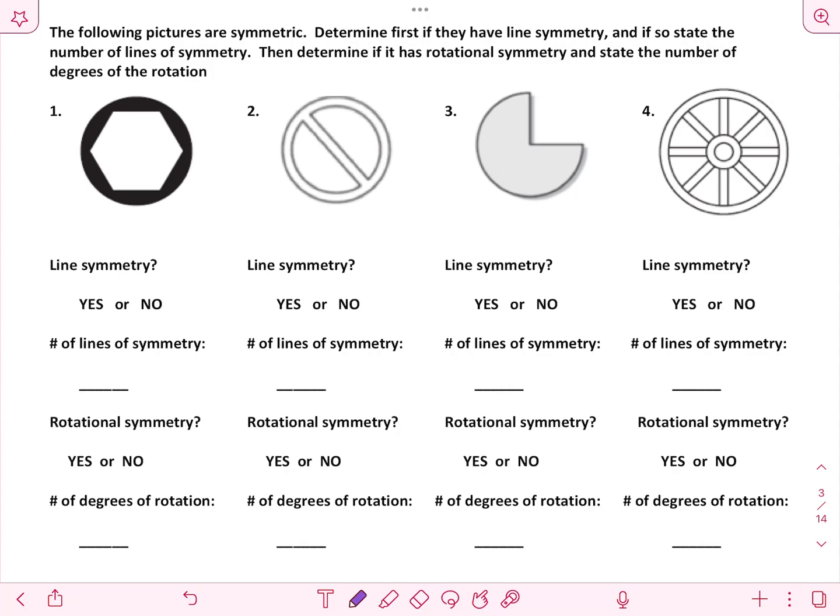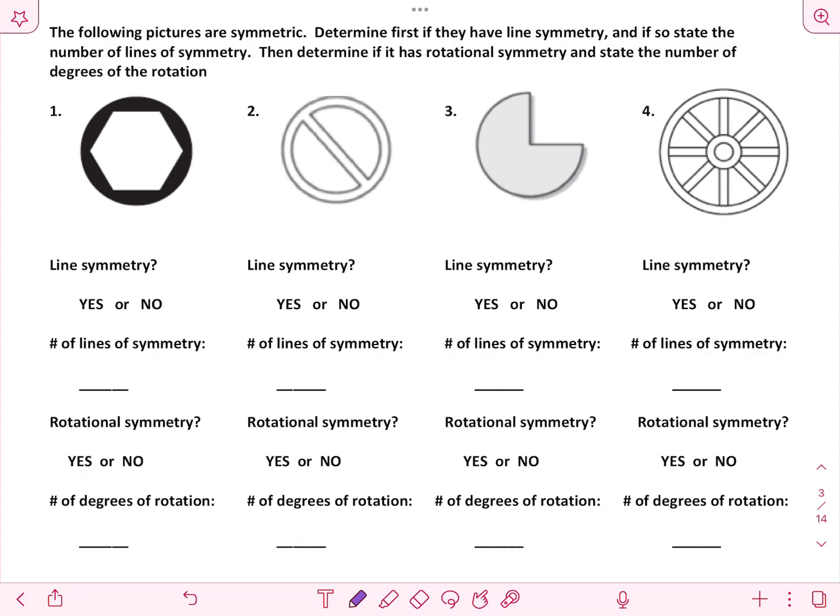All right, we are going to first decide if line symmetry is in place on our figures, and state the number of lines, if possible. Then we're going to look to see if it has rotational symmetry and the number of degrees. Sometimes you can have both. It just depends on what kind of symmetry you're looking for.